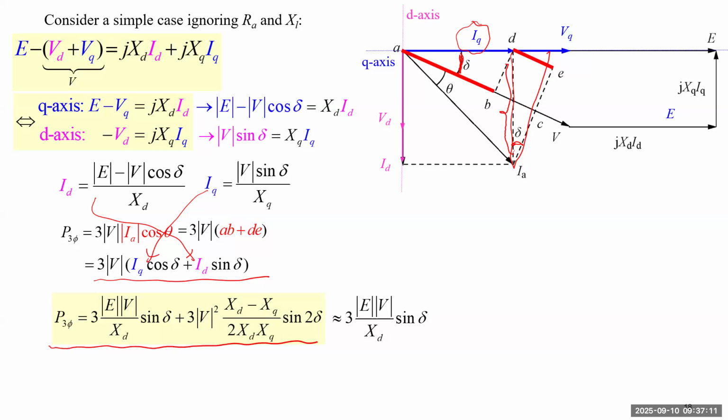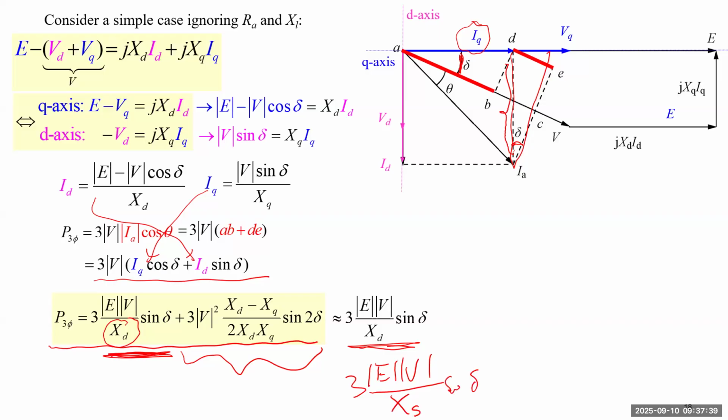The difference compared with a round rotor generator is only the second item. The first item is exactly the same, but you need to utilize XD instead of XQ. If we ignore the second item, this one will be similar to what we have for the round rotor generator, the same formula, but here we call it a synchronous reactance.